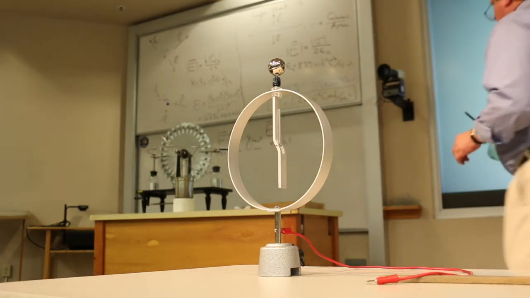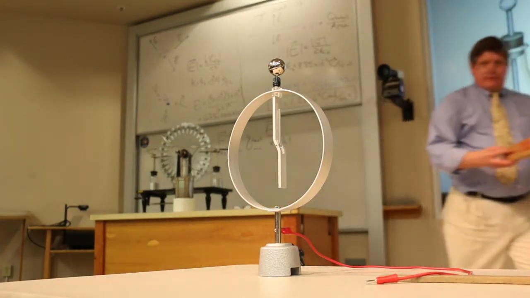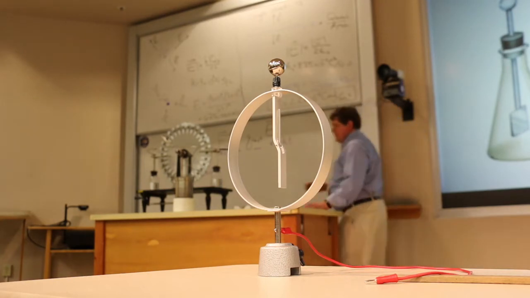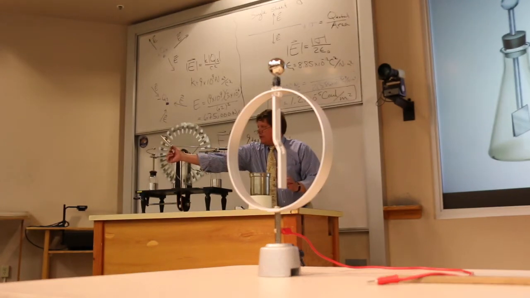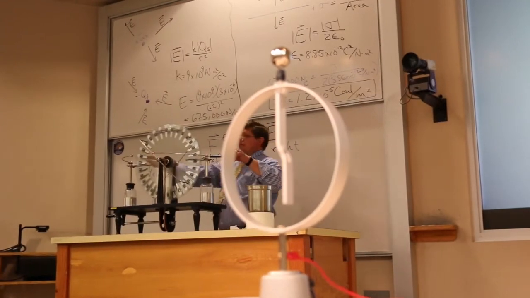Now, what we're going to do is start with a neutral can, and we're going to dump a bunch of electrons in this can with this Wimshurst machine.